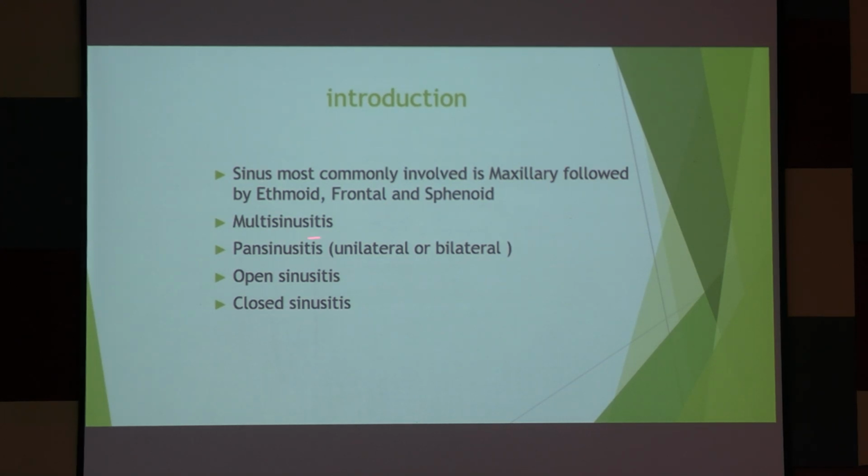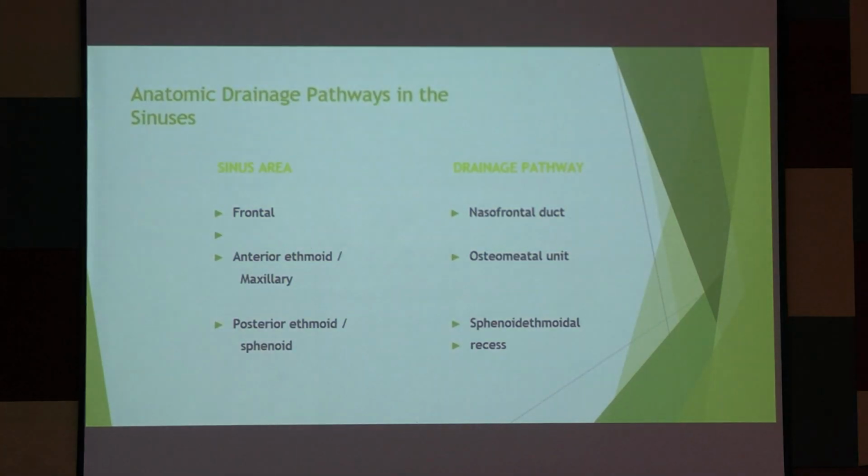If the openings of the sinuses in the inferior meatus or middle meatus or superior meatus are blocked, then it's closed sinusitis. This gets complicated mostly because the drainage is hampered, right? So anatomical drainage pathways in the sinuses, again this thing, if it is in the middle meatus, we call it osteomeatal unit. If it is in the posterior ethmoid or sphenoid area, we call it sphenoethmoidal recess area. And frontal is nasofrontal duct, ultimately to the middle meatus. Okay.